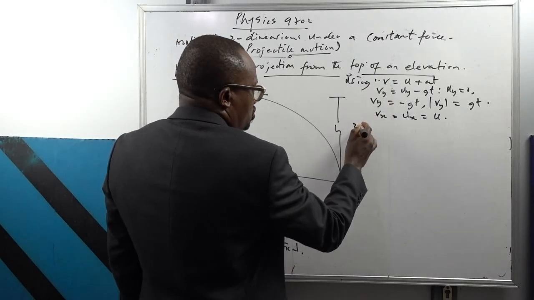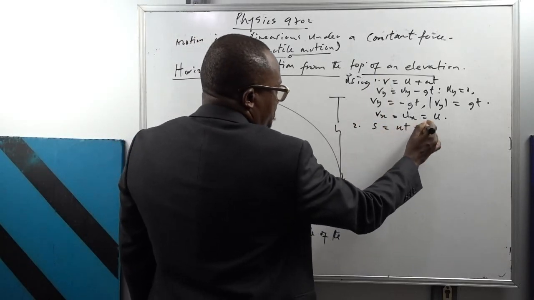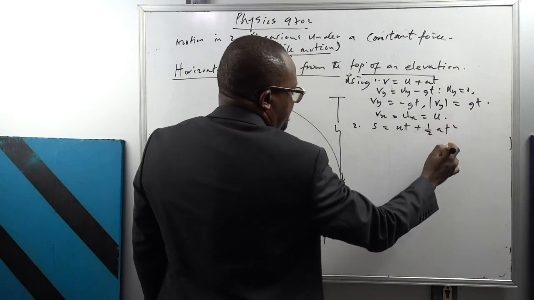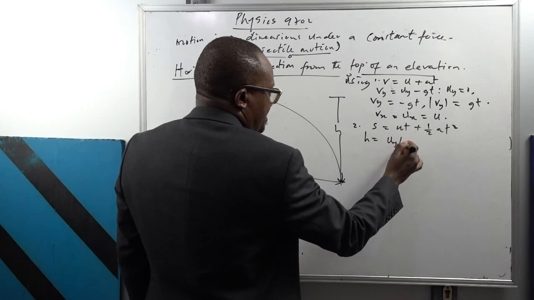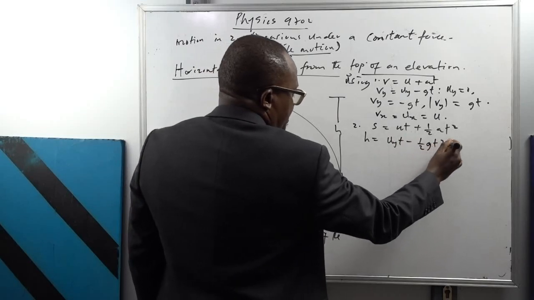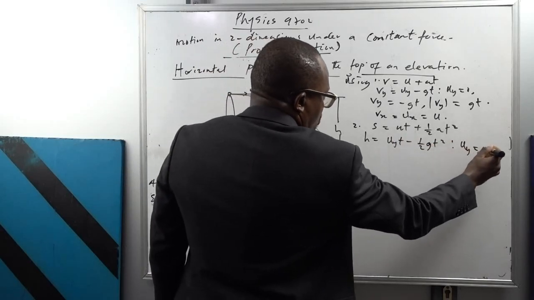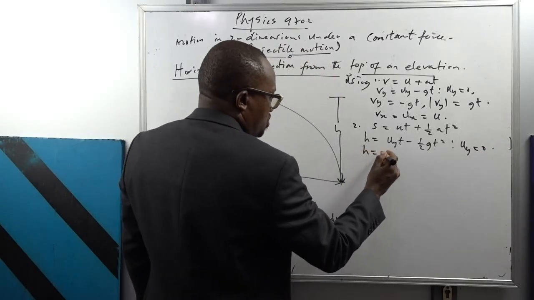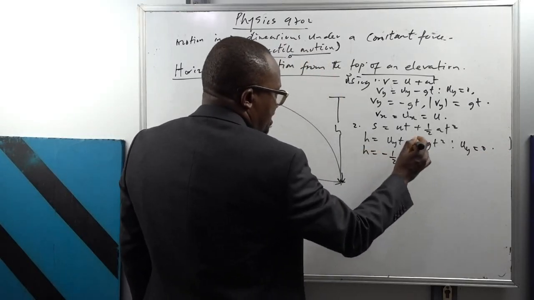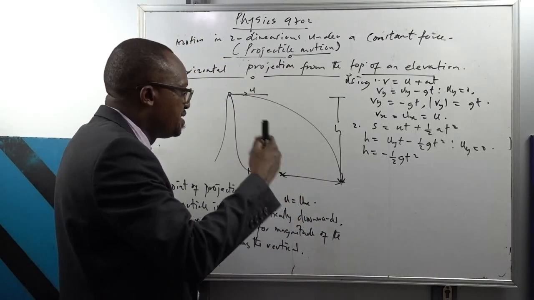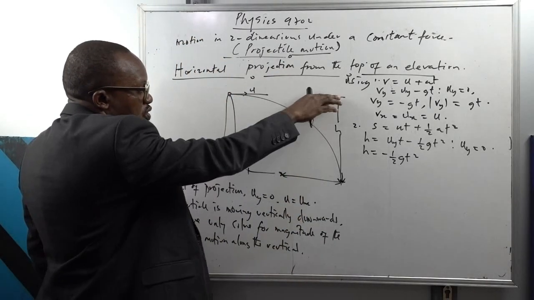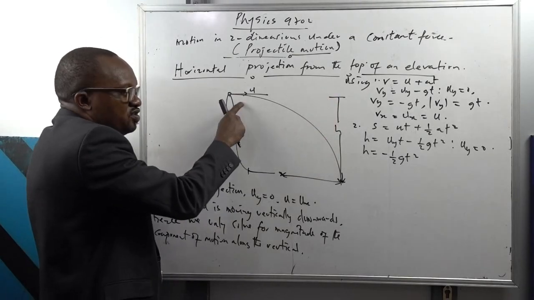Then also, using s is equal to ut plus half at squared, the vertical height h at time t becomes uyt minus half gt squared. We know that uy is equal to 0, so h becomes minus half gt squared. This negative represents the direction, meaning that the particle is moving to an elevation h below the level of projection.